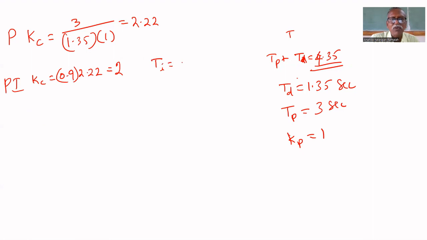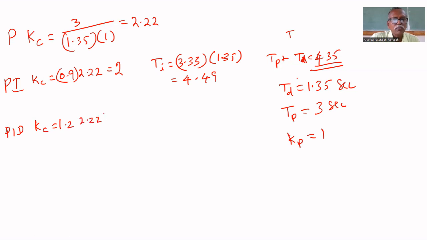Ti equal to what? Ti equal to 3.33 times 1.35, equal to 4.49. Okay. For PID controller, tuning parameters are Kc equal to 1.2 times 2.22, which is 2.66. Okay. Ti equal to 2 times the dead time 1.35, therefore 2.7.